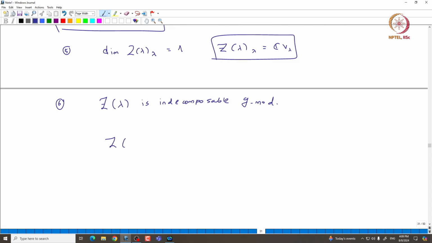Let us say it is decomposable, so it can be written as V direct sum W. Then look at the λ weight space; it will be the sum of the corresponding weight spaces.